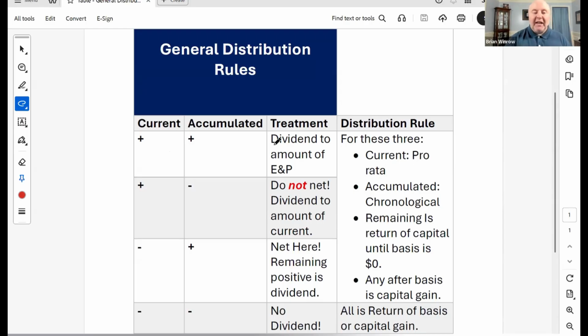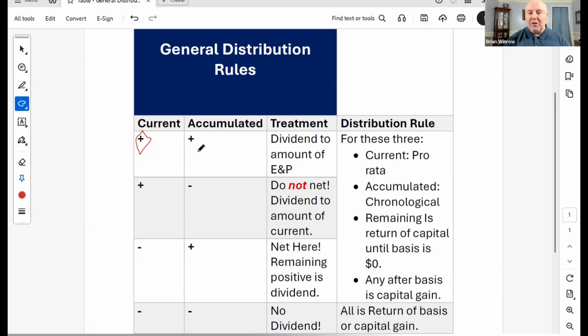So if we had, say, $50,000 of current in the existing year, and then we have $100,000 for accumulated, and we make a distribution of $100,000. Well, 50,000 plus 100,000 gives us $150,000 of distributions we can make that will be classified as a dividend.